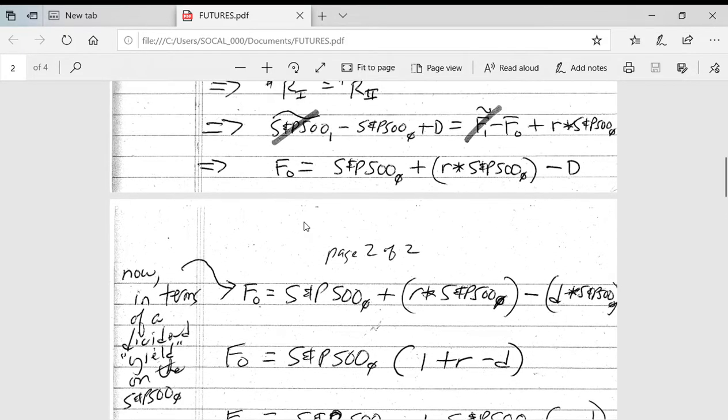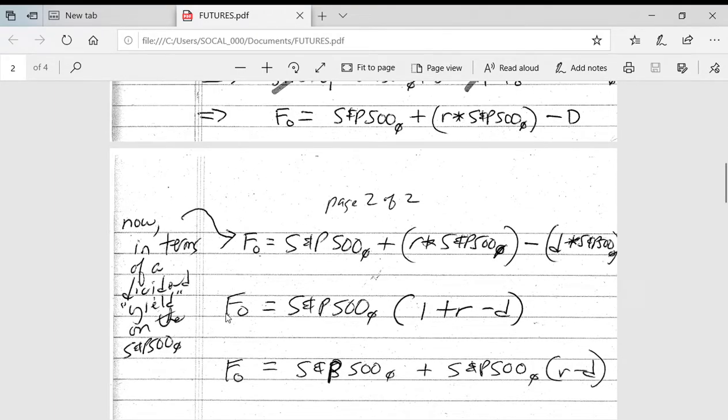Now I'm going to state that same equation here in terms of a dividend yield on the S&P 500. And so here we have the value of the futures contract at date 0 is equal to the current value of the S&P 500 plus the risk-free rate times that value minus D, which represents a dividend yield, times the value of the S&P 500 at date 0. And then we notice we have one common term, and that is S&P 500.